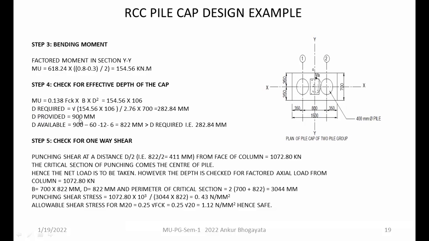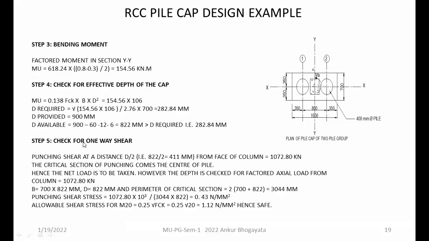So effective depth and overall depth have to be calculated. Now you know how to do it: the cover and half of the diameter and full diameter have to be subtracted for obtaining the effective depth. Based on that, you calculate the effective depth of the pile cap.